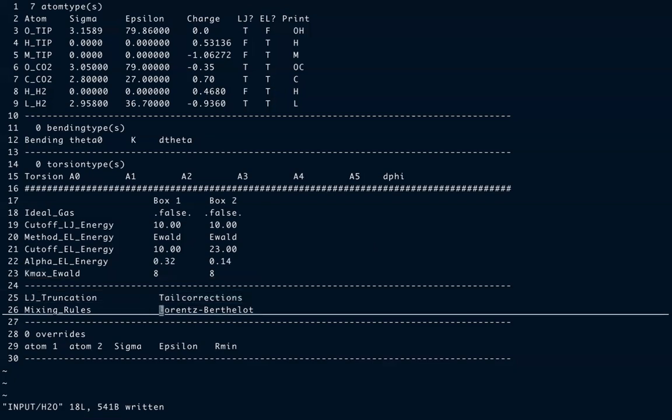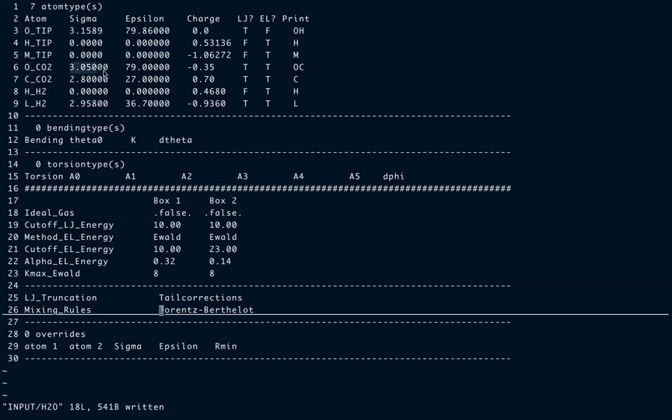The mixing rule is Lorentz-Berthelot, which means that if an oxygen from water interacts with an oxygen from carbon dioxide, then you have to consider the Lorentz-Berthelot mixing rules to calculate the interaction parameters of sigma and epsilon for the interaction between oxygen from carbon dioxide and oxygen from water.